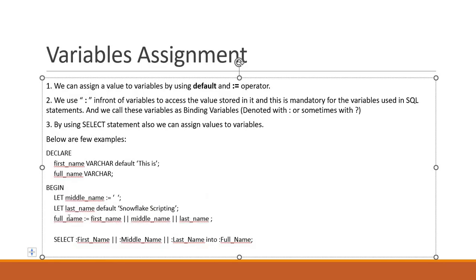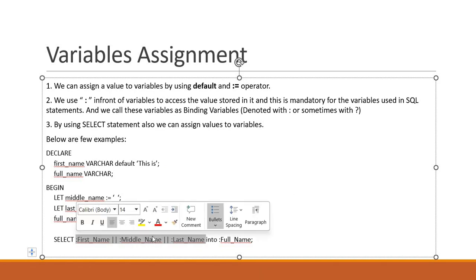There is another way. In the last point I mentioned, right? By using the select statement as well, we can assign values to variables. Let's see how. I am simply doing it like select. I am just using this concatenation operation again. Select first name concatenate middle name concatenate last name. So this is the expression.